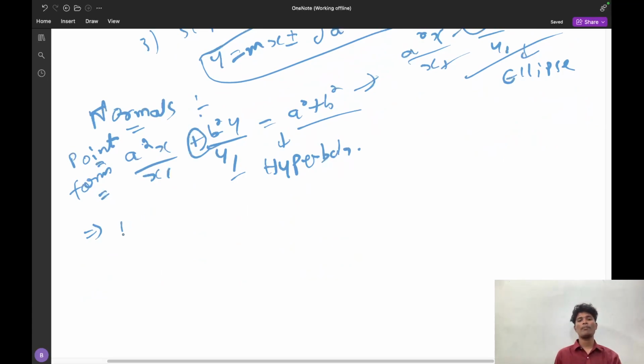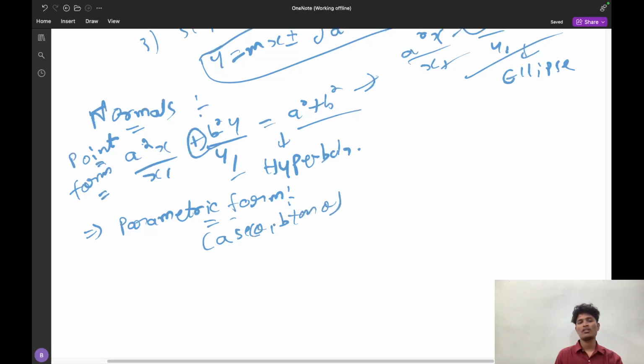Now we will discuss the parametric form. In the parametric form, just substitute the value, that is a sec theta comma b tan theta. When you substitute, you will get a square x divided by a sec theta.